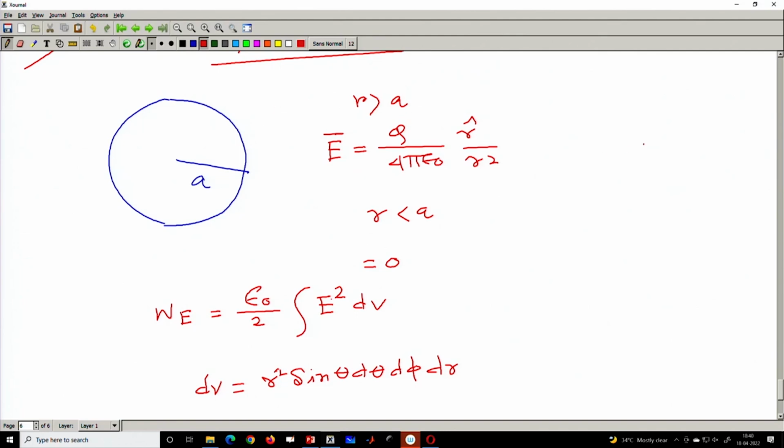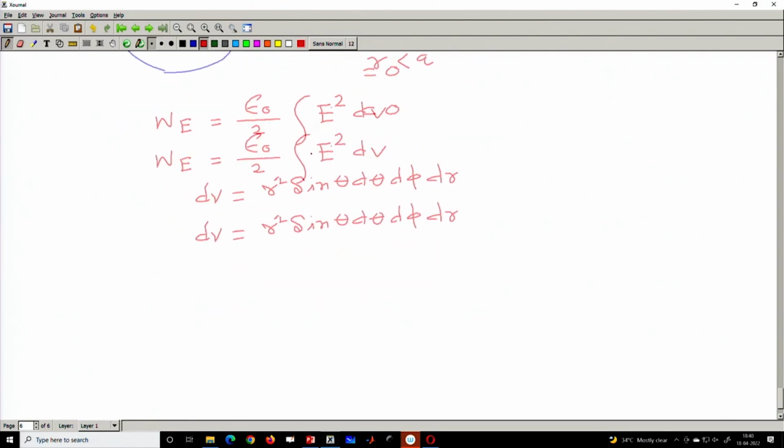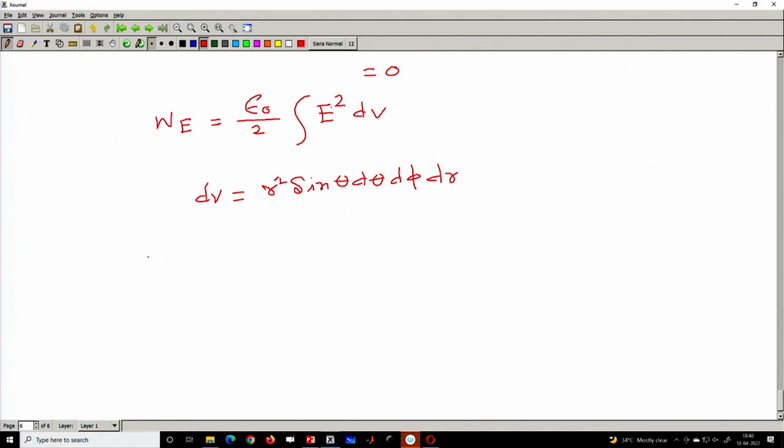Now, the E value is known, it is over here. So, that means the energy should be the electrostatic energy we have from A to infinity. So, I have E square, so I have q square divided by 4 pi epsilon 0 square, and then I need to have this integration.